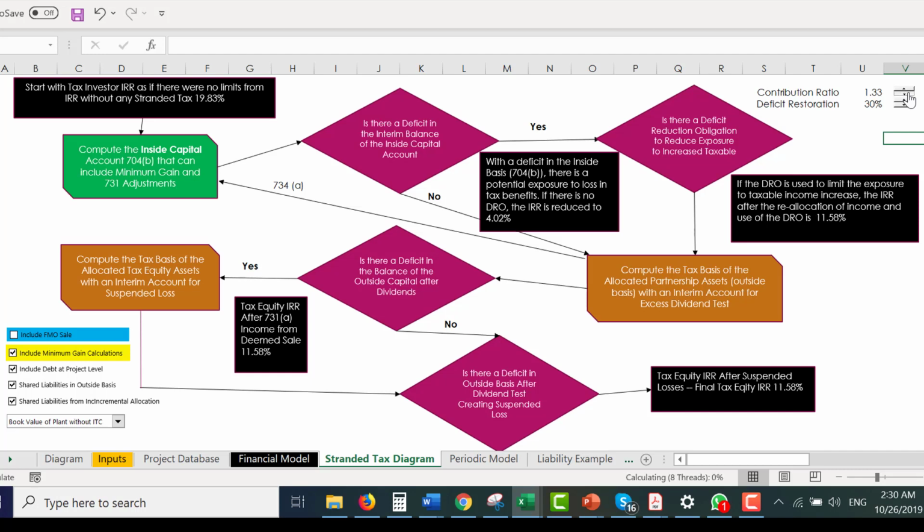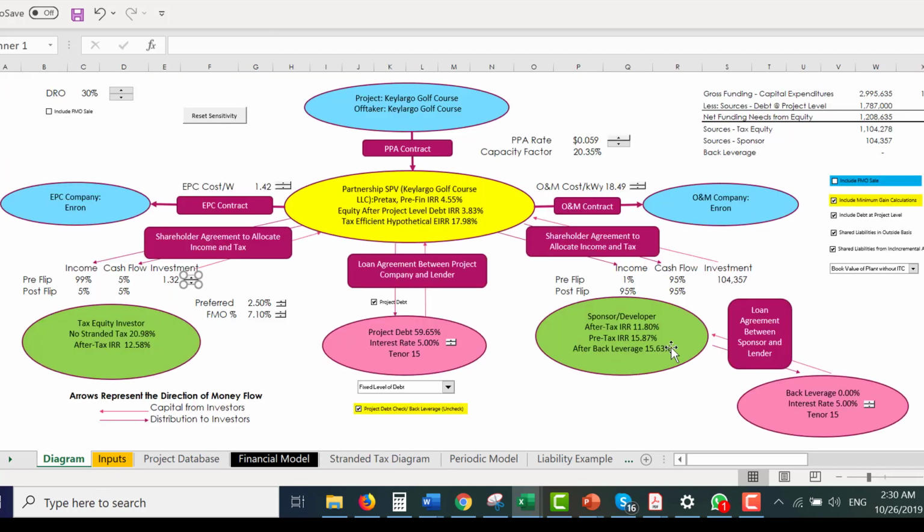But then you say, you're not finished. Then there's this famous deficit reduction obligation. I hope that's what I was calling it. Yes. If these two people make a little side agreement and say, look, if my taxable income goes up and yours goes down, I'm going to let you have a lower income and I'm going to have a higher income.